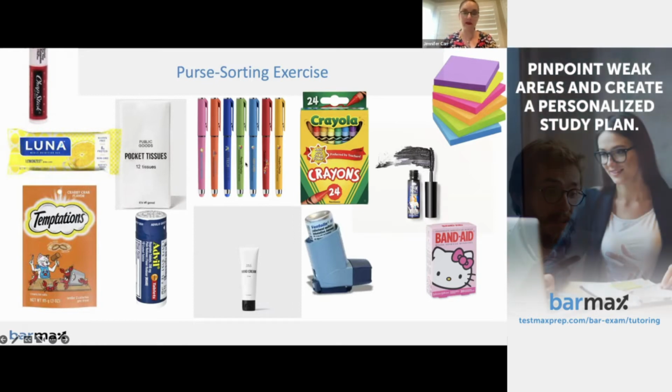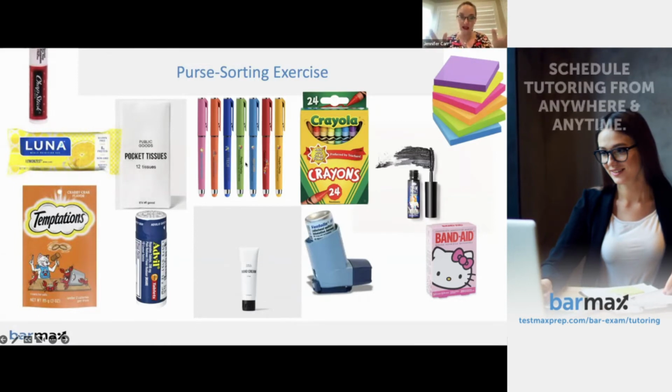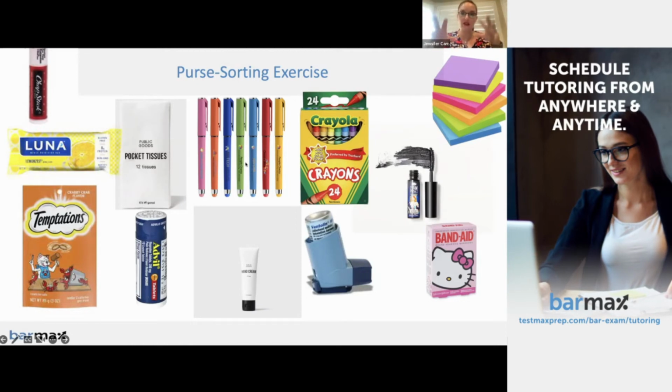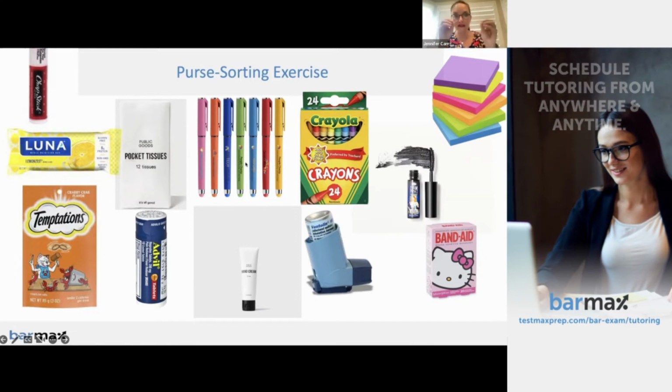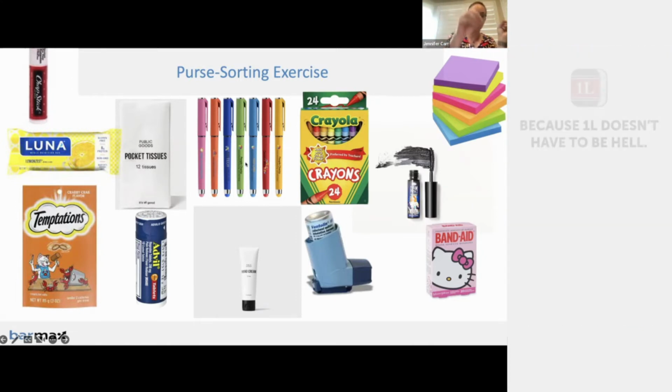It's also okay to put things into different places, right? Sometimes cases are there to go into different places. So it would be okay to say that crayons go with, say, the pens and the paper, or that the crayons also go with the Band-Aids, because the crayons keep the kids busy, but they also are for writing.